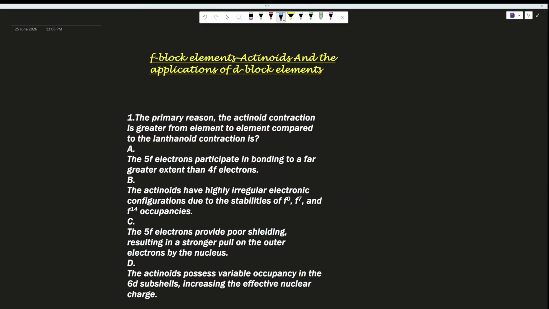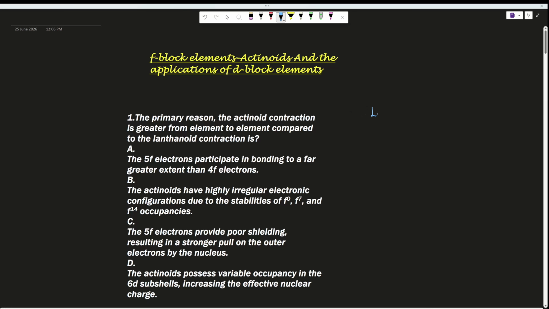The primary reason the actinoid contraction is greater from element to element compared to the lanthanoid contraction is... See, when you compare lanthanoids and actinoids, in lanthanoids 4f orbitals are filled, and in actinoids 5f orbitals are filled. These 5f electrons are poorer shielders when compared to 4f electrons.